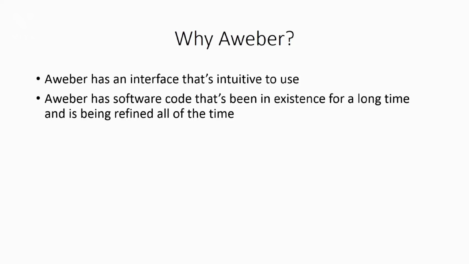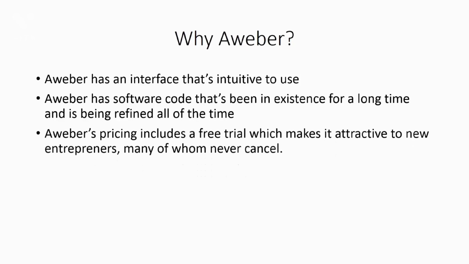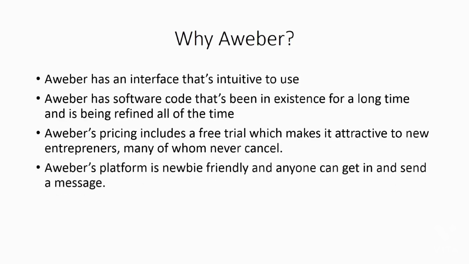That makes it easy for some of these companies we've been talking about to integrate with them. Their pricing model has been the same for almost a decade. It always includes a free trial and makes it attractive to new entrepreneurs, many of whom get started with Aweber and never cancel. And Aweber's platform is newbie friendly. Anybody can get in, and as I said before, send a message.